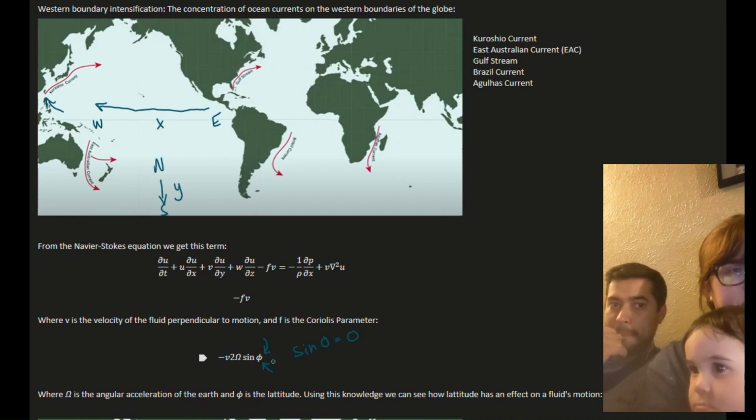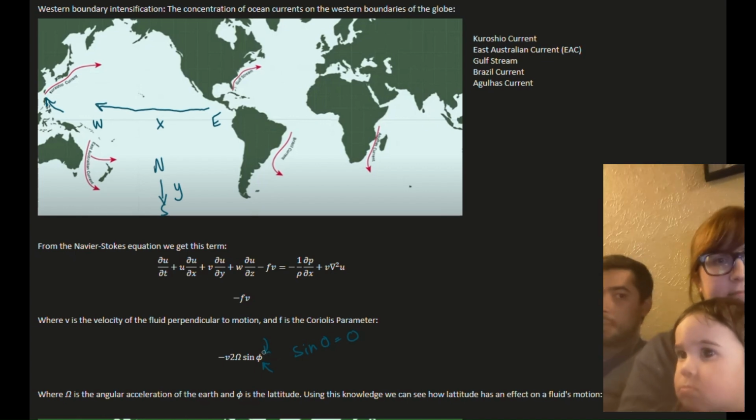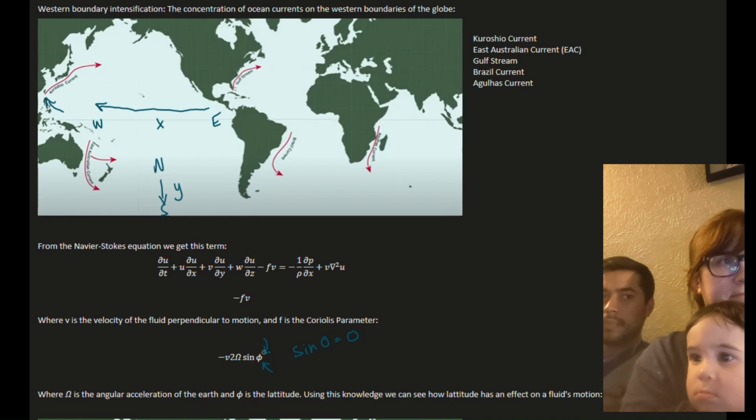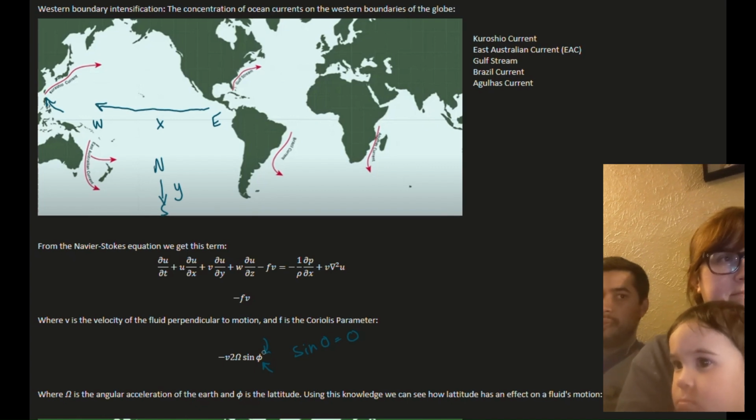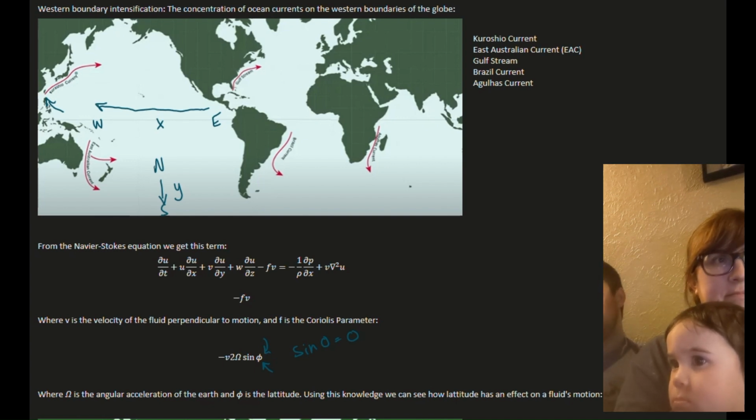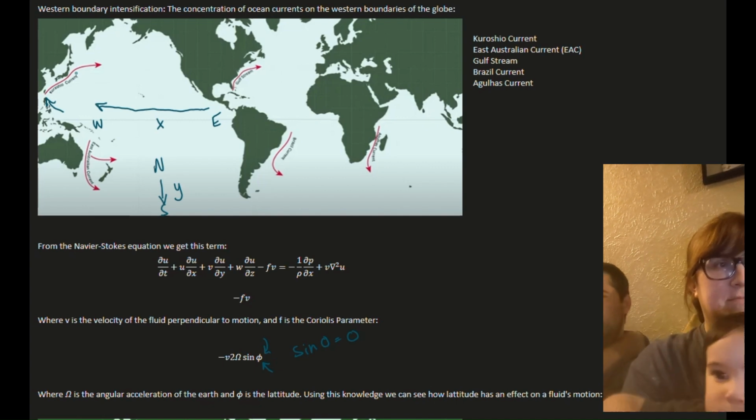As this increases, the Coriolis parameter is going to have more of an effect, more of a force, curling that water, so to speak, turning it, pushing it perpendicular to its motion, which is what causes this curl and concentration here, and where we get these strong western boundary currents. The further north we get, the stronger that Coriolis parameter is.